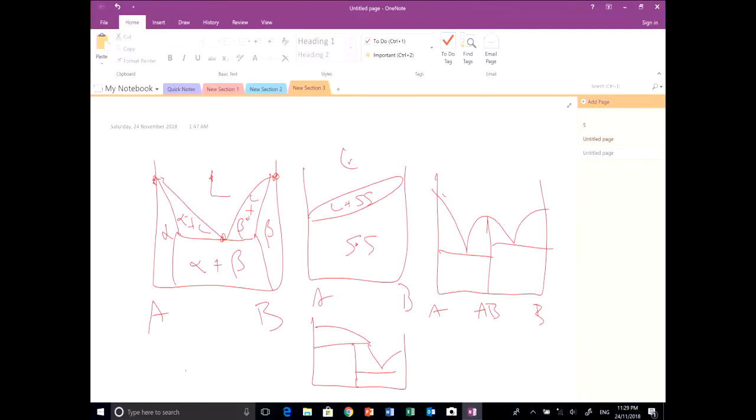And if I have AB sitting in the middle of A and B, what does that say about A and B? They're incompatible. They don't like each other and they react to form AB. If I do not have A and B, sorry, how about A and AB? What are they?